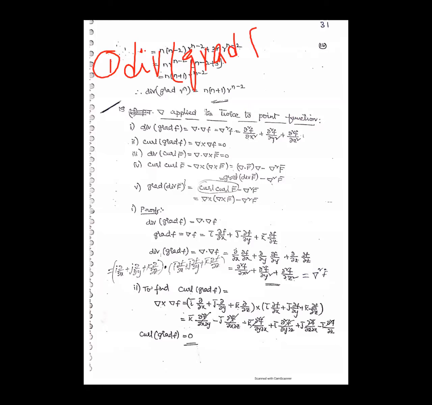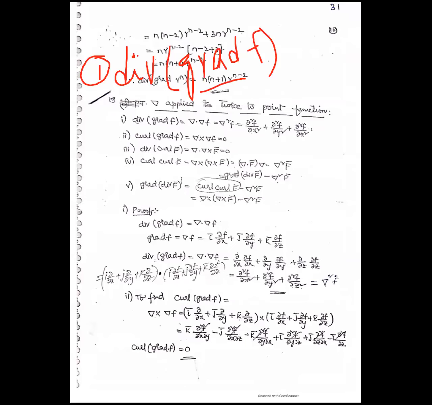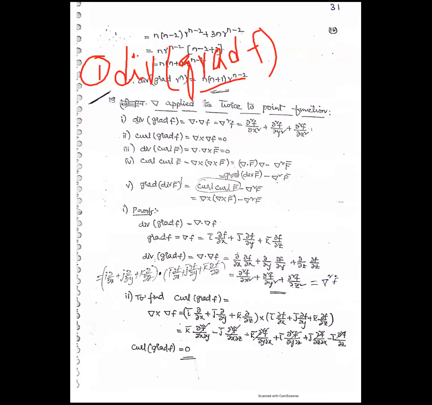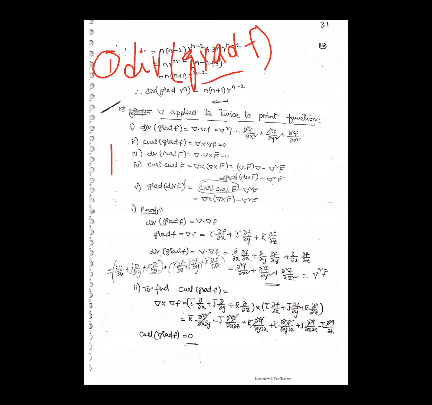Here I am taking small f because small f is a scalar, and grad always applies to a scalar. First we find grad f, then apply div.